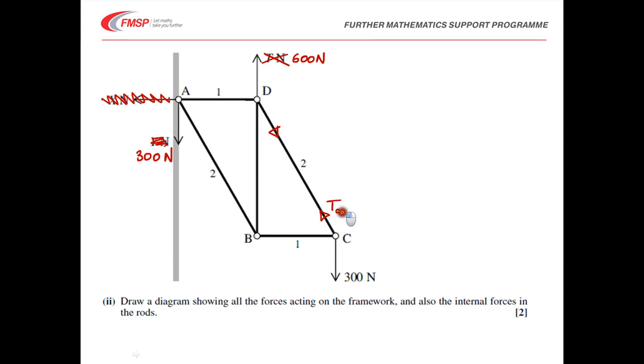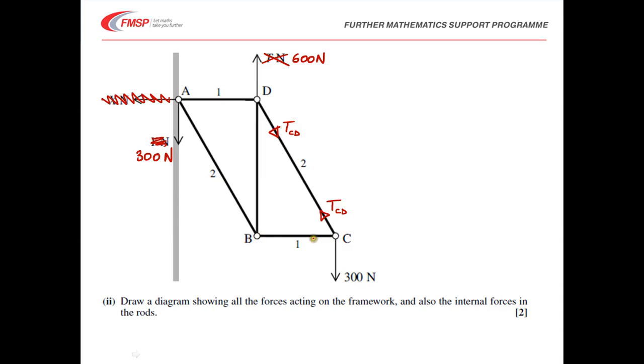So I'm going to call this tension T_CD, and that must be equaled by a similar force acting on D at the opposite end. In order for the rod not to stretch, it must have constant tension throughout.